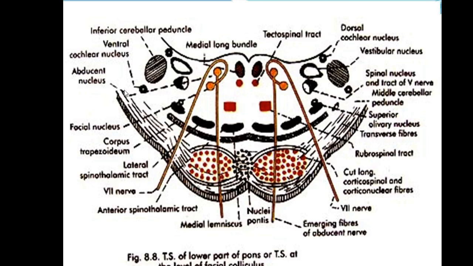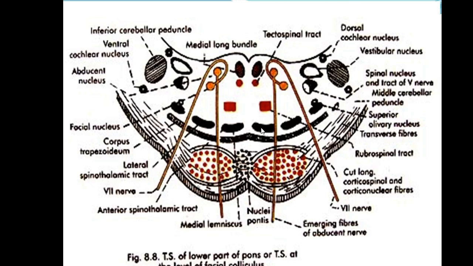What you can see is the basilar part, and just posterior to the basilar part, here you can see the tegmental part. You can see the corpus trapezoideum is just immediately posterior to the basilar part.